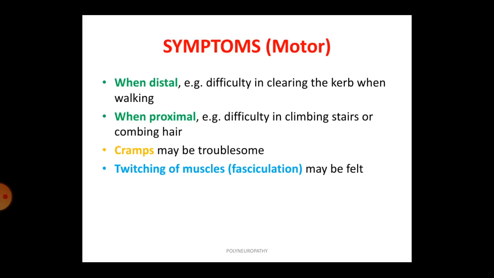Fasciculation is nothing but involuntary contraction of fascicles. Fascicles are groups of muscle fibers surrounded by one common sheath, known as endomysium. Collectively that unit is known as a fascicle, and the involuntary contraction of this fascicle is known as fasciculation.